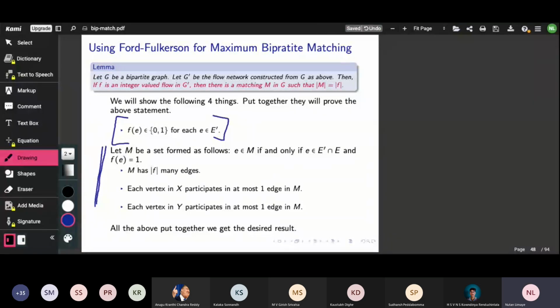For M to be well defined, we have to first say that, in fact, all the flow values are either 0 or 1 for the edges in E prime. Okay, so basically that's what we are going to do. First, we'll argue that the flow values are either 0 or 1. Then M will be well defined. And then for this M, we show these 3 things. Okay, if there are any questions, I'll just pause for half a minute and let me know if something is unclear.